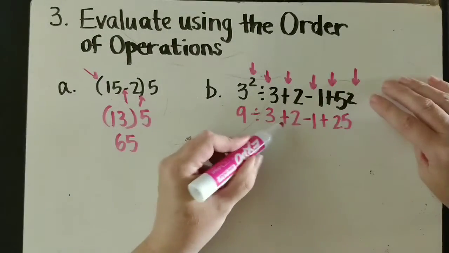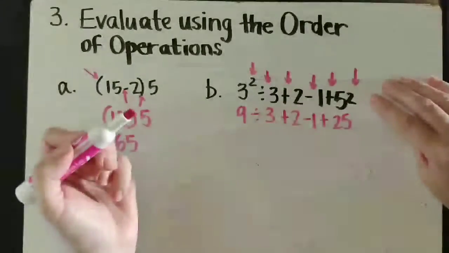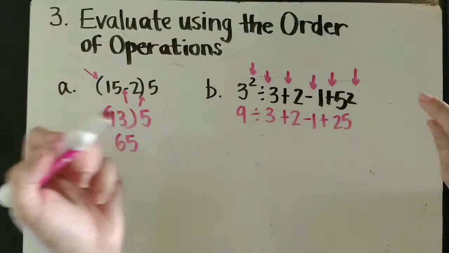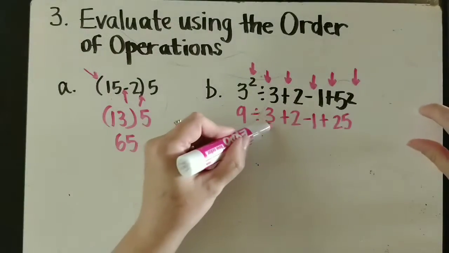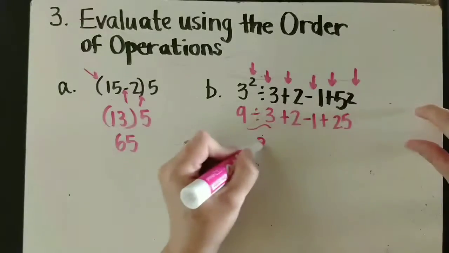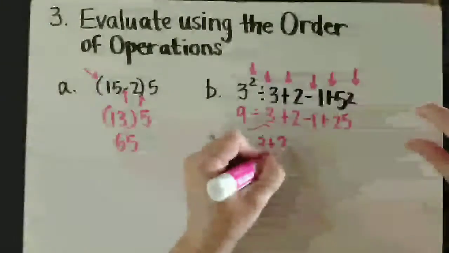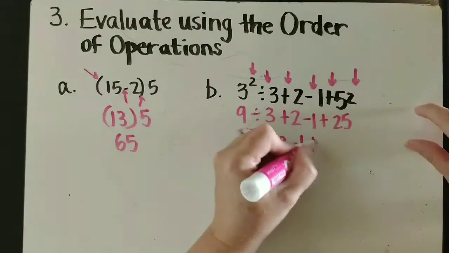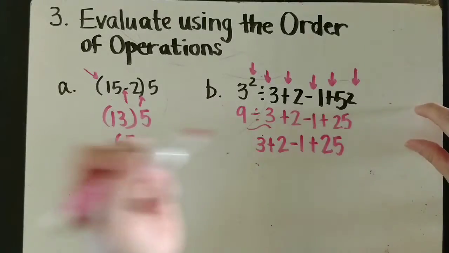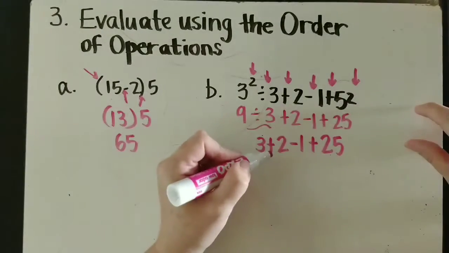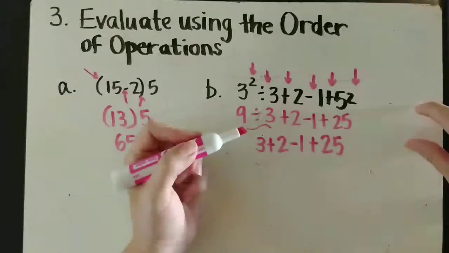Now we have division, addition, subtraction, and addition. What should be done first according to the order of operations? Division. 3 plus 2 minus 1 plus 25. Now we have addition, subtraction, and addition.